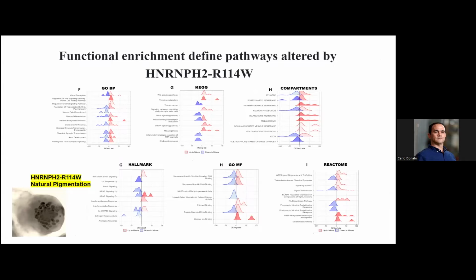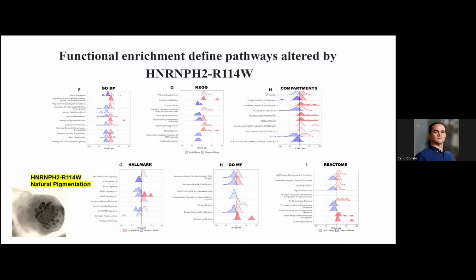The most enriched terms include neurodevelopmental programs, among genes downregulated in minus, like neuron differentiation, axon development, and synaptic transmission. And on the other side, signaling and metabolic programs among genes upregulated in minus, including Wnt and Notch signaling, and also pigment and metabolic pathways like melanogenesis, tyrosine metabolism, and retinoic acid biosynthesis.